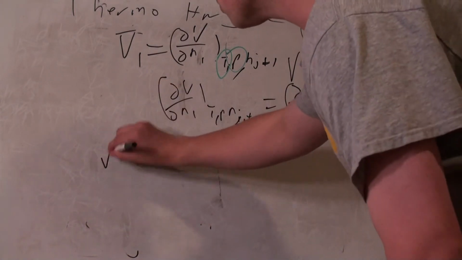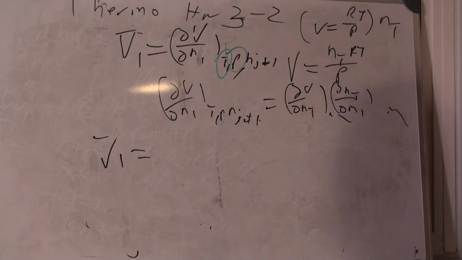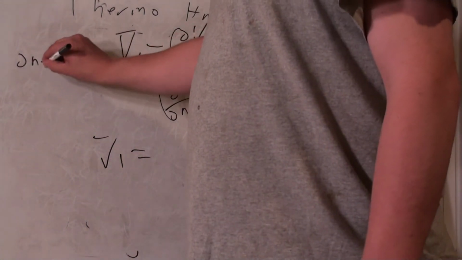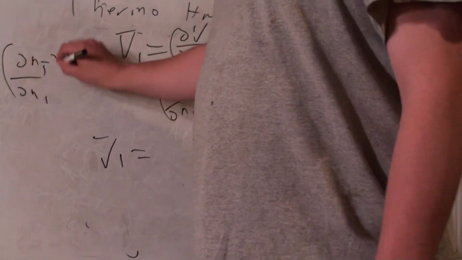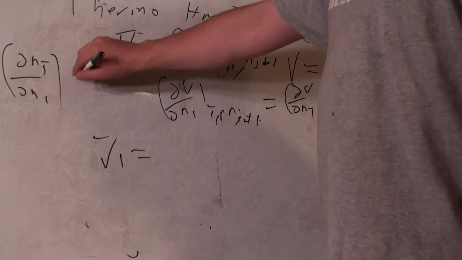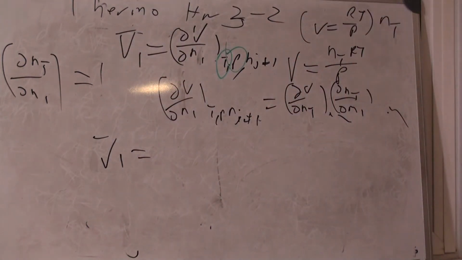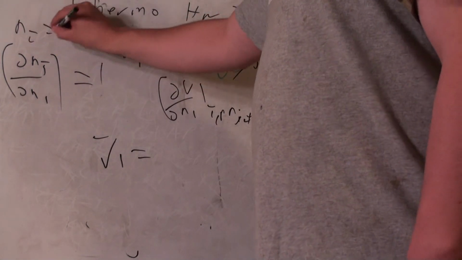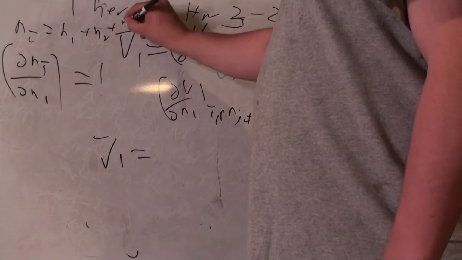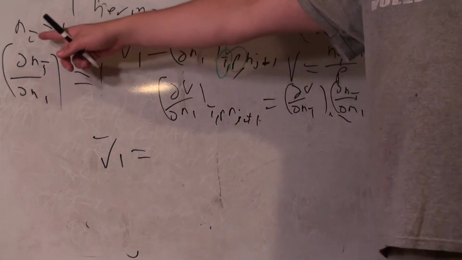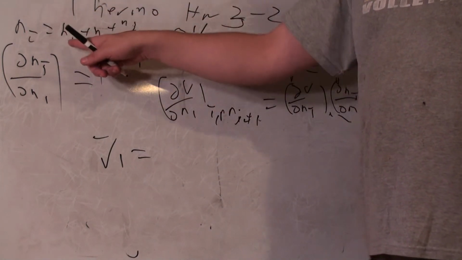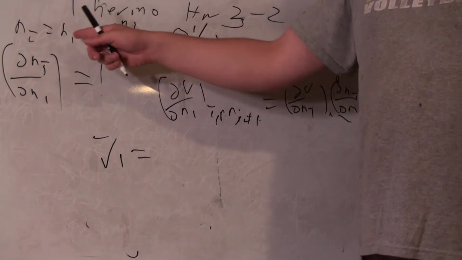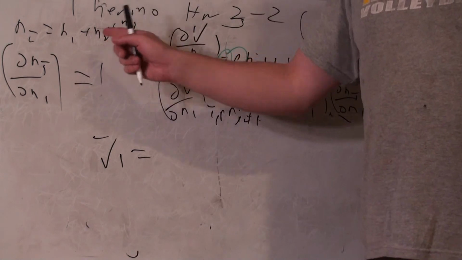So partial molar V1 is equal to, well, what is dNT dN1 equal to? That's equal to 1. Because NT is equal to N1 plus N2 plus N3. So if I look at this, what's the derivative of this guy with respect to N1? 1.